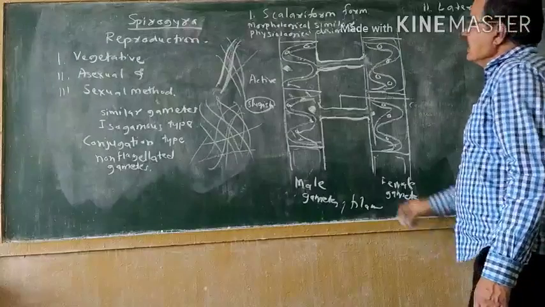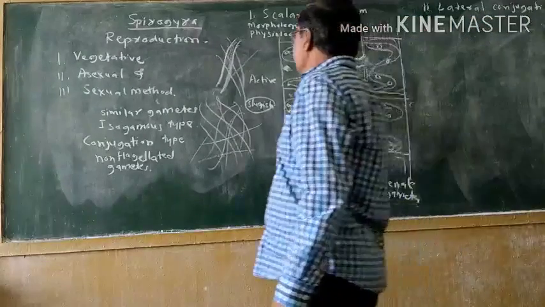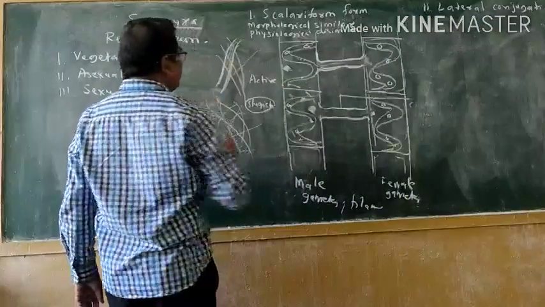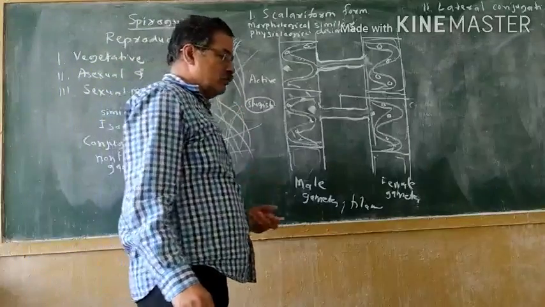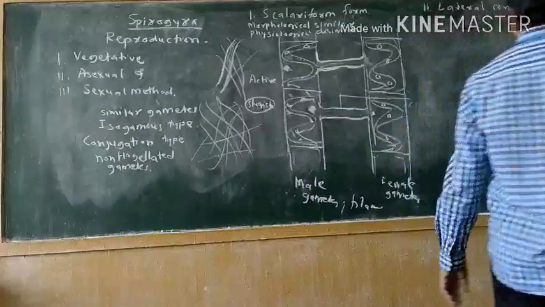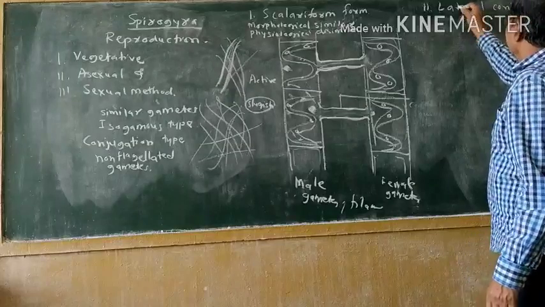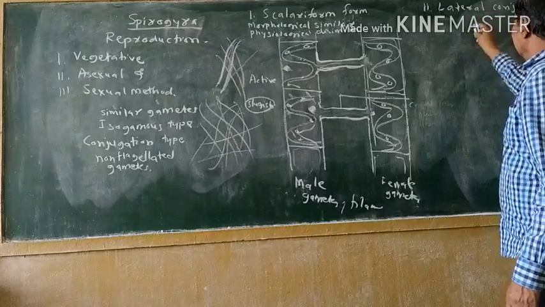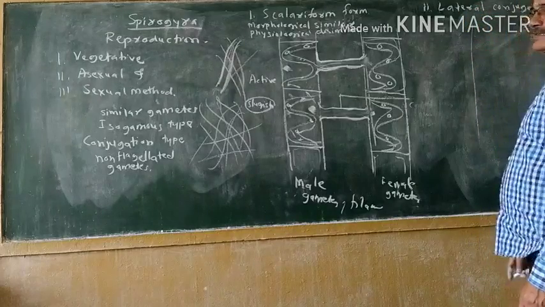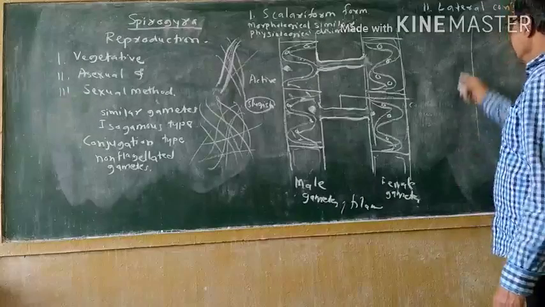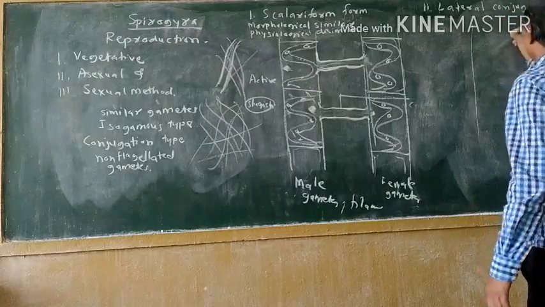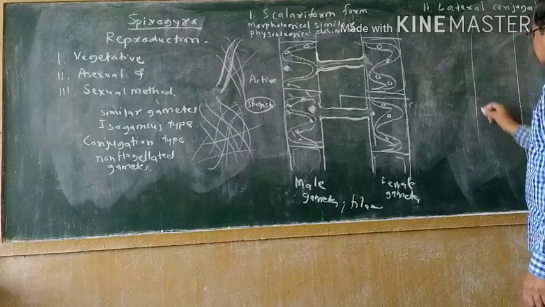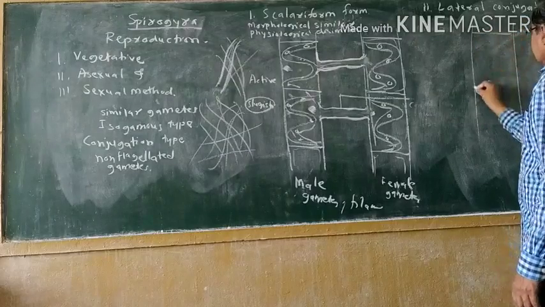In the scalariform conjugation, two filaments are essential to form the zygospore, but in lateral conjugation, only one thread-like filament is essential.